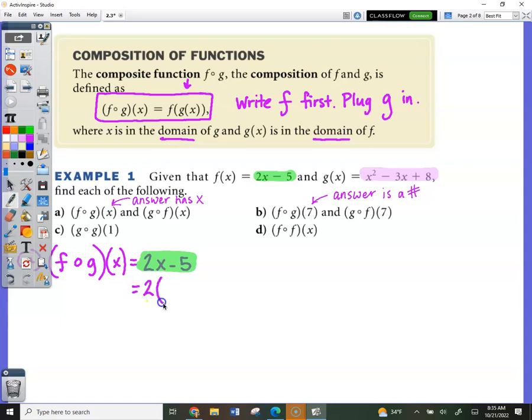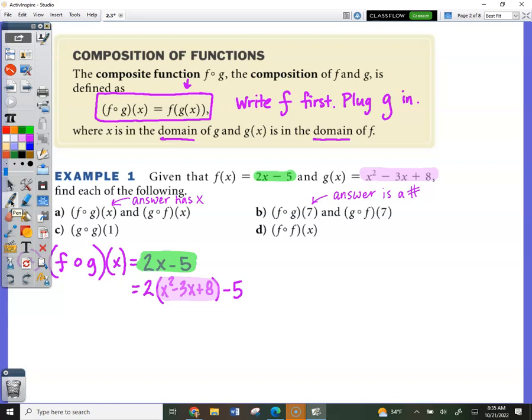So 2 beep minus 5. And then in here, you're putting, it says g. Put g of x on the inside. So that's x squared minus 3x plus 8. And let me color coordinate. And now, that is it.